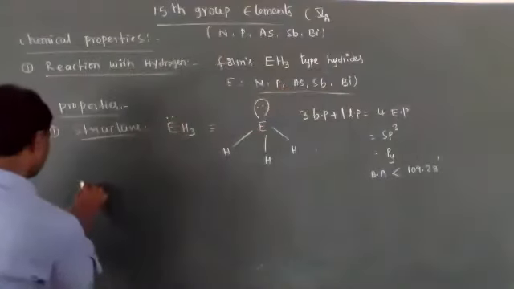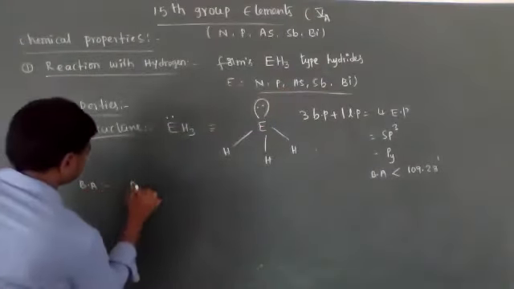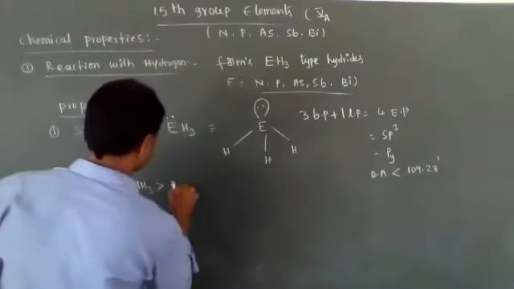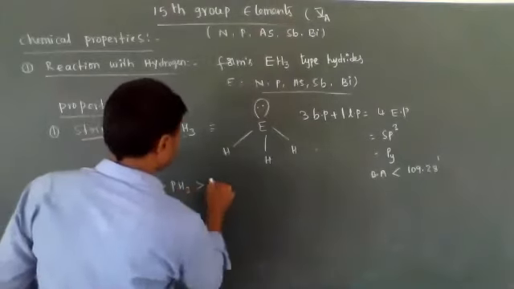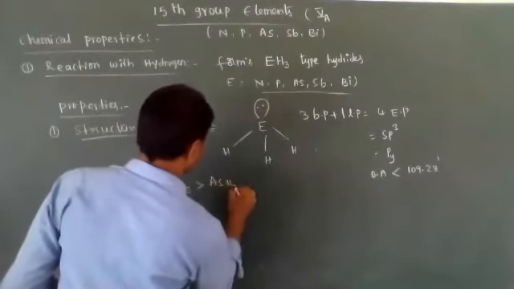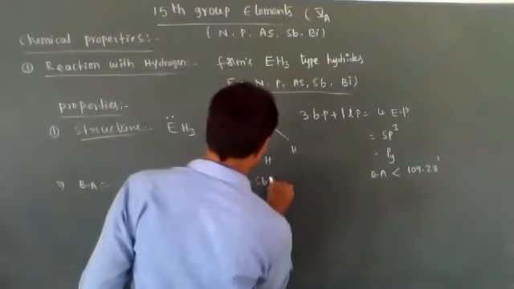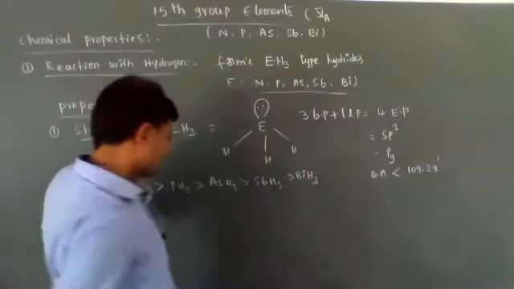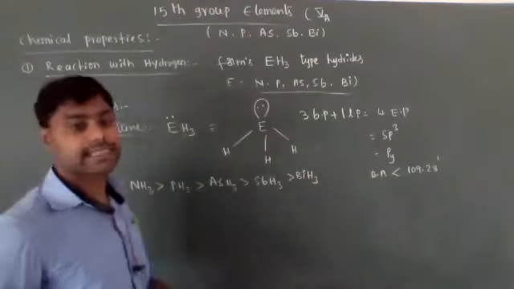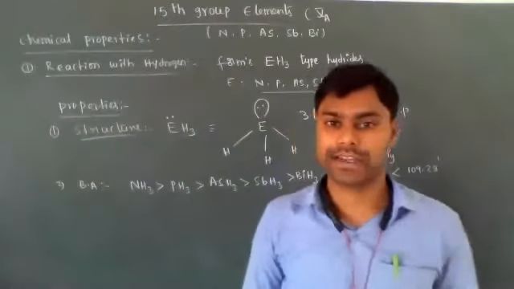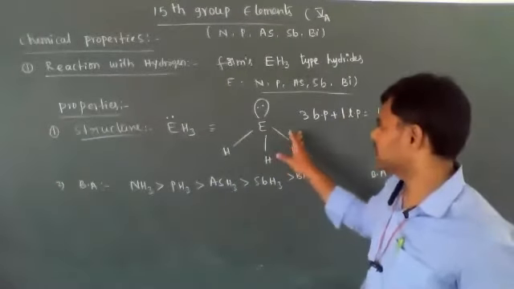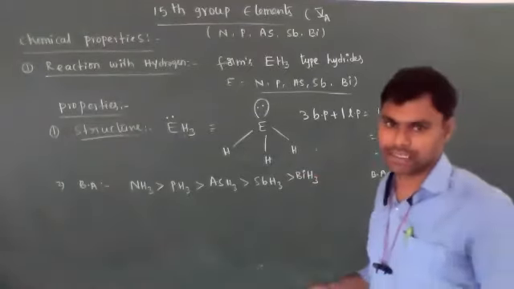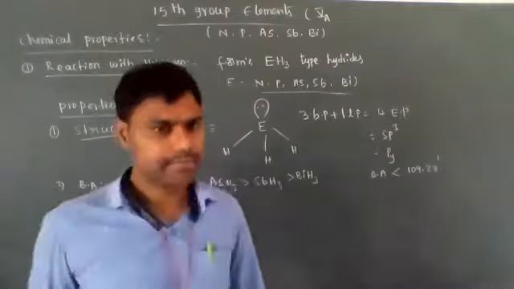Bond angle order: NH3 more than PH3, then AsH3, then SbH3, then BiH3. We already discussed these bond angle orders in the chemical bonding chapter, where we learned the structure, hybridization, and calculation of the number of bond pairs and lone pairs.